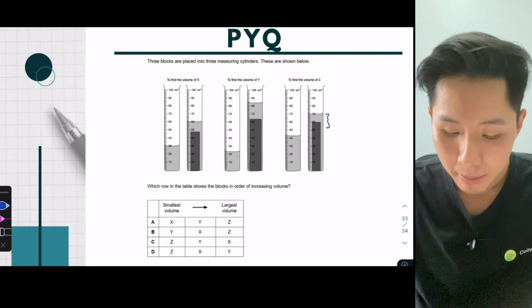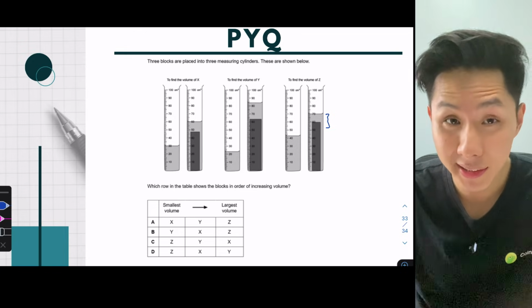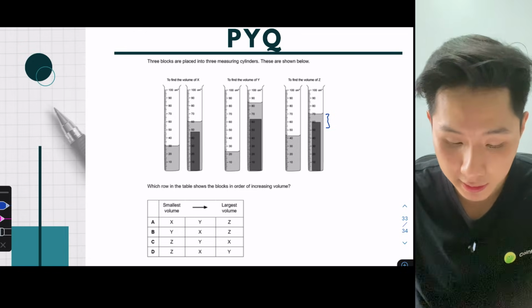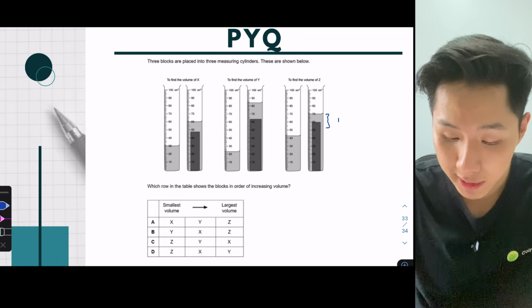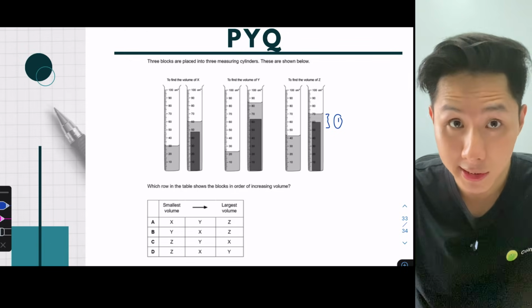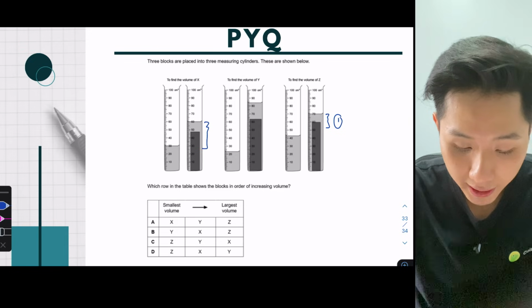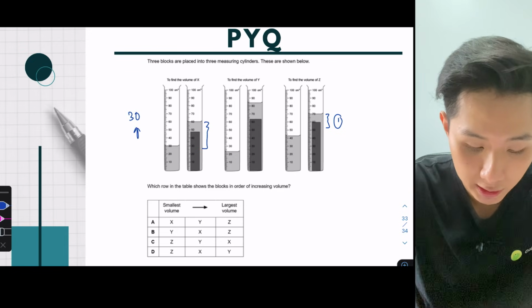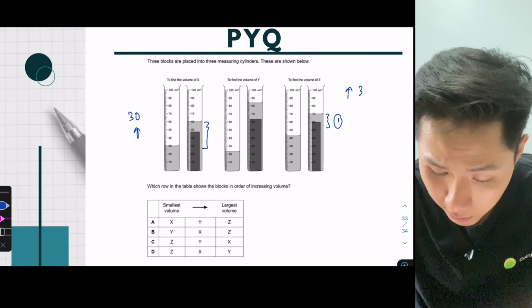Then we know that block has the lowest volume, because this is essentially a water displacement method. So I can see that Z here has the lowest increase in volume, so that should be the smallest. And the second increase in volume should be here, X.